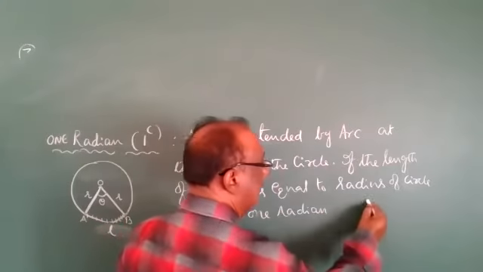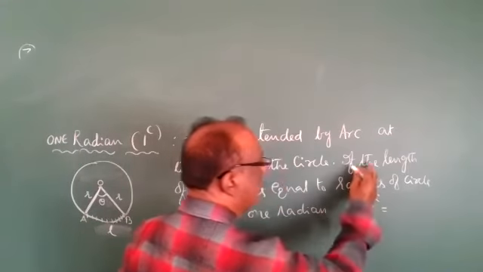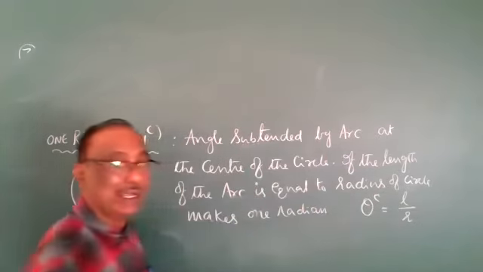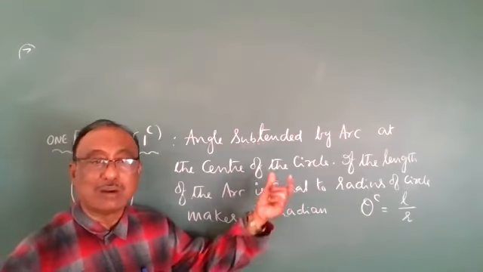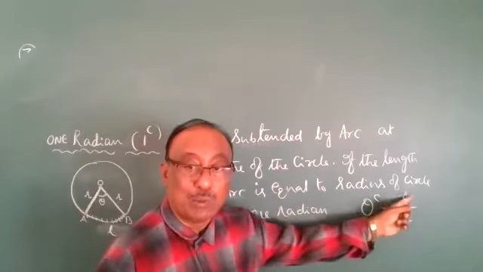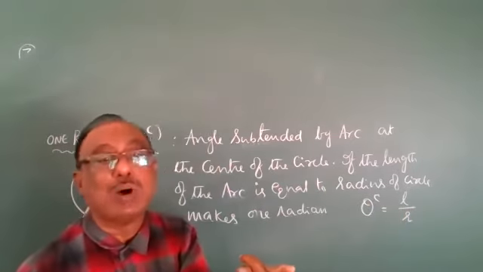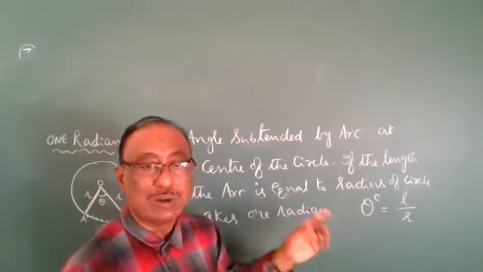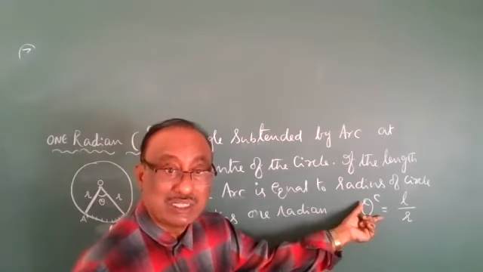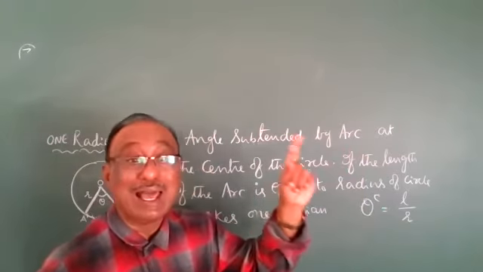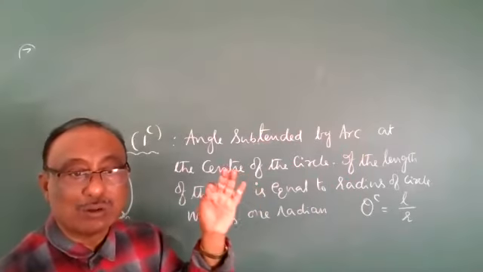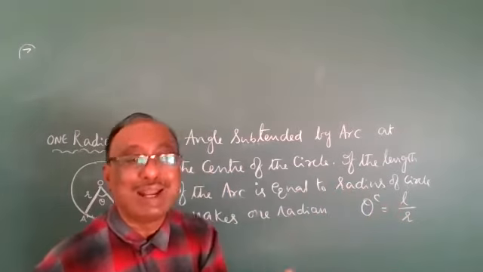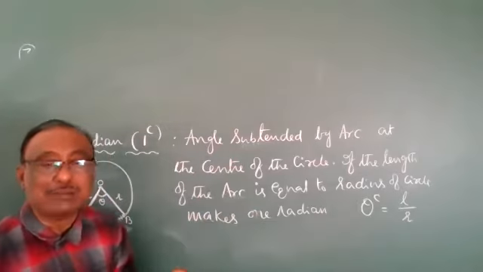Theta radians is equal to the ratio of the length of the arc by the radius, so theta radians is equal to L by R. If the length of the arc is equal to the radius, L and R both cancel, and it becomes 1 radian. That is the definition of 1 radian.